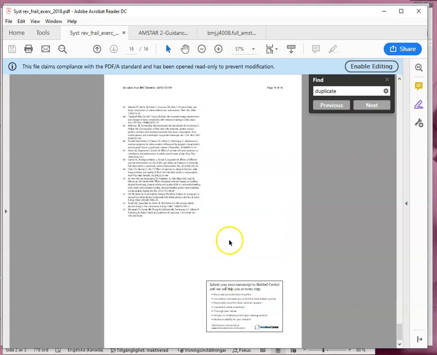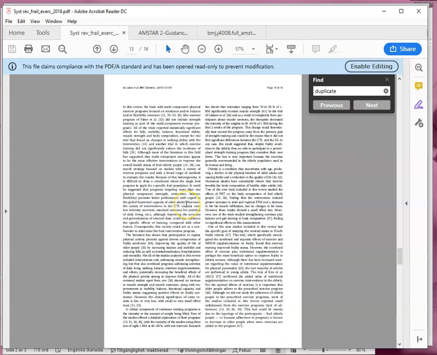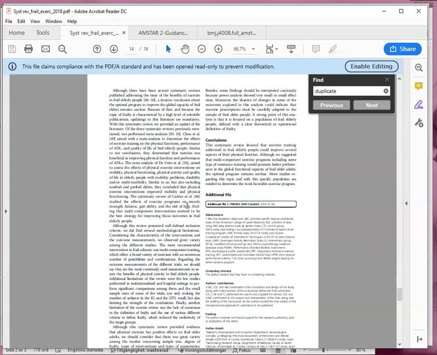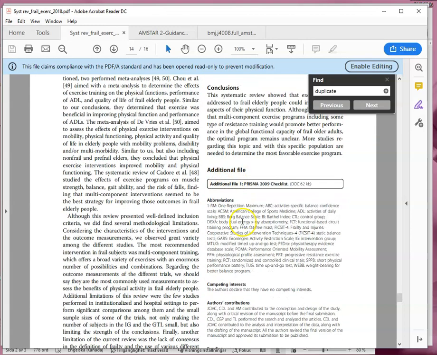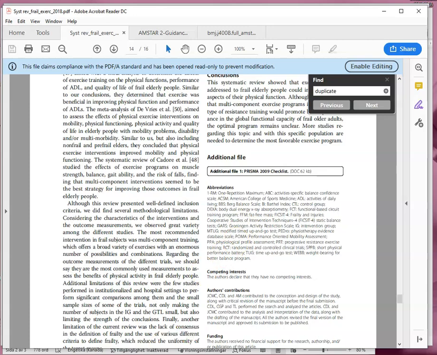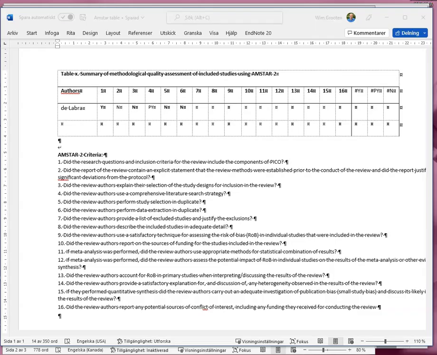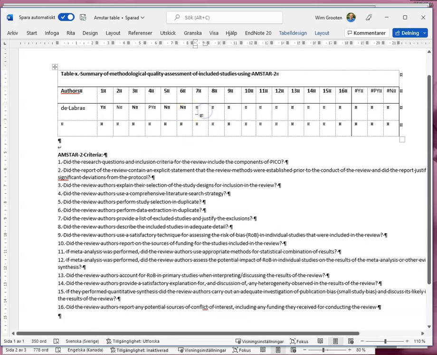The references here, you can see those are the ones that were included. But there's no additional file of the excluded ones. So, nope, it is not a good one. So maybe I was thinking this is a good paper, but you see, it's only a part of yes, and the rest is no.